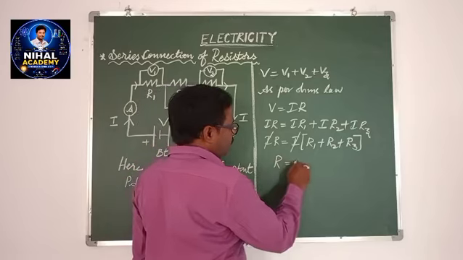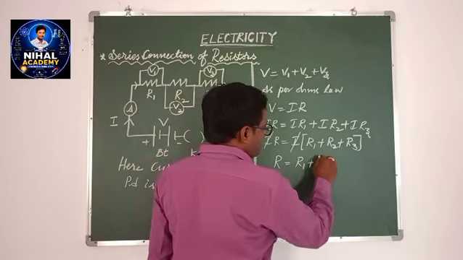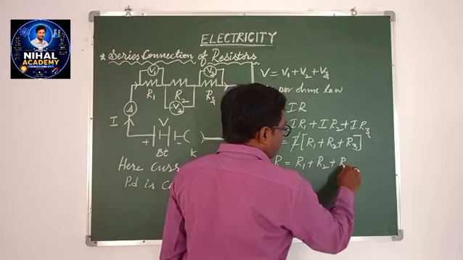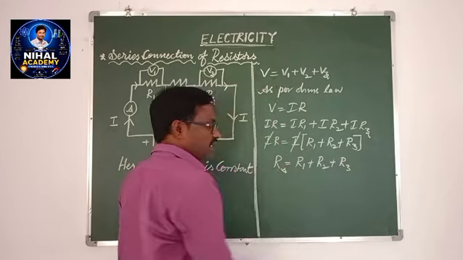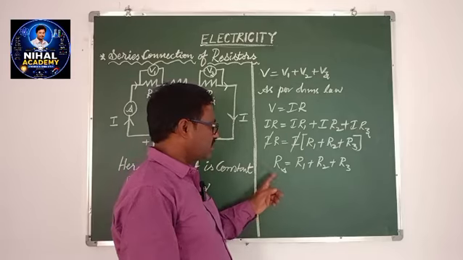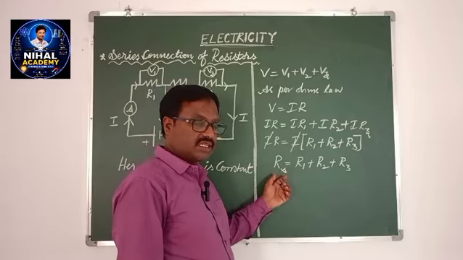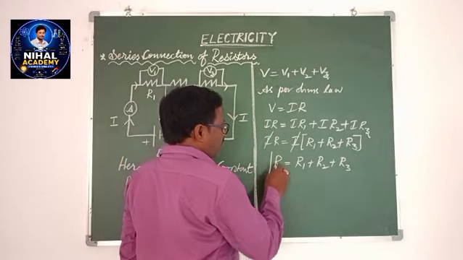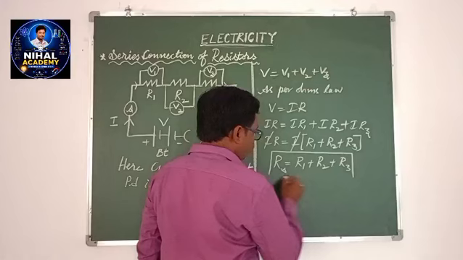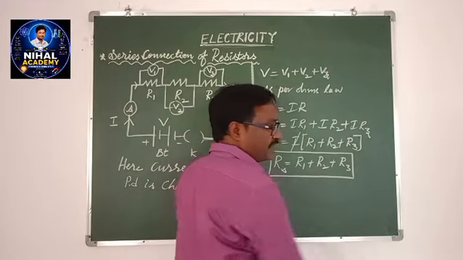Then R is equal to R1 plus R2 plus R3. So this is the net resistance or total resistance or equivalent resistance in series connection. So Rs is equal to R1 plus R2 plus R3.